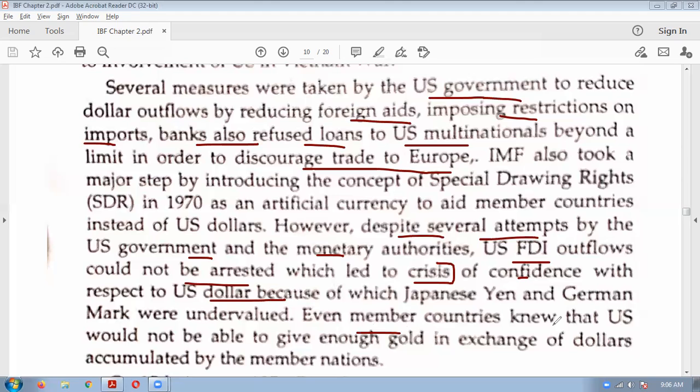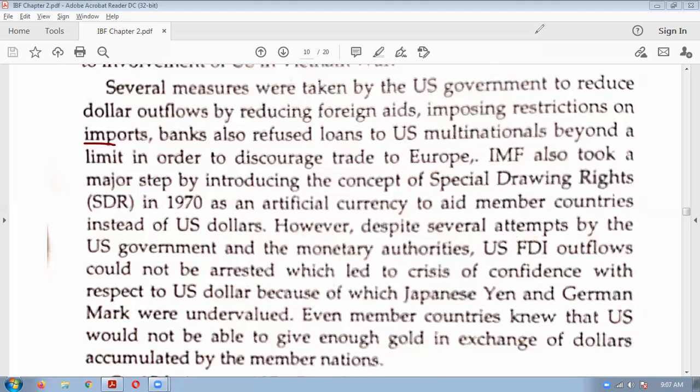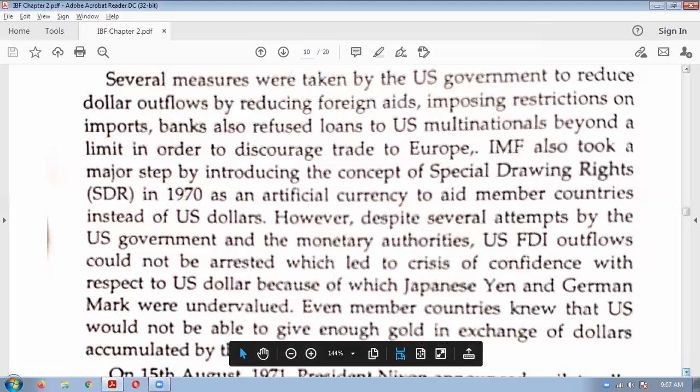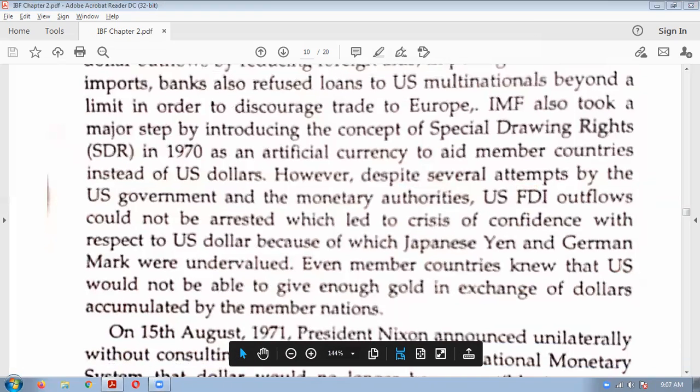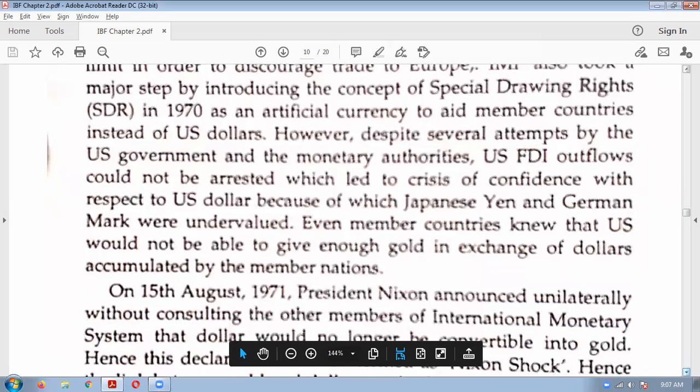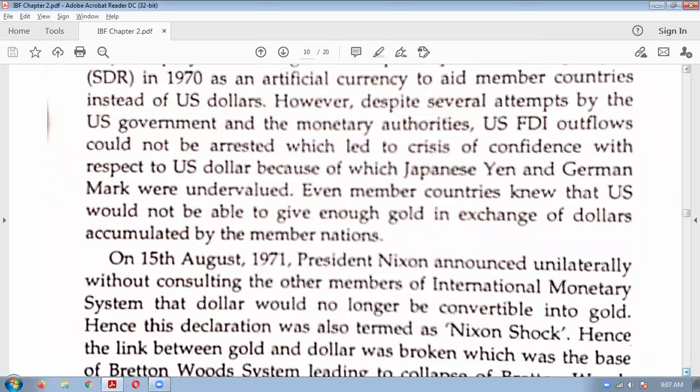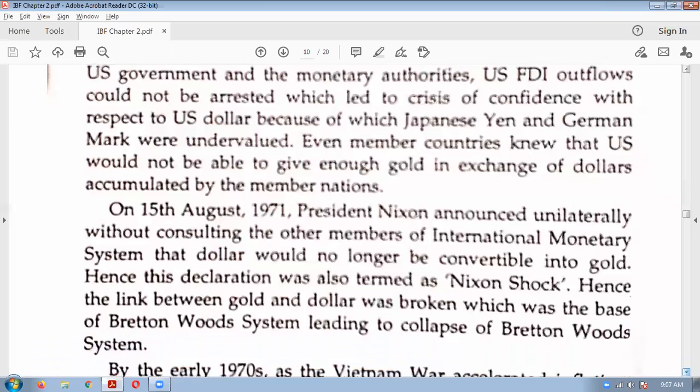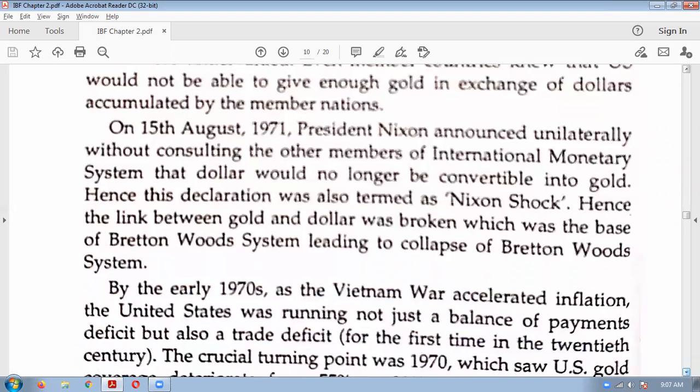Member countries knew that the US would not be able to give enough gold in exchange for the dollars accumulated by member nations. All the countries came to know that it would no longer be possible for the USA to give gold in exchange for those dollars.